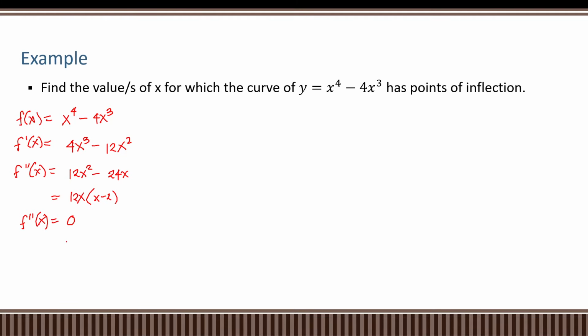The resulting equation is 12x times x minus 2 is equal to 0. So we equate each factor to 0: 12x is equal to 0 and x minus 2 is equal to 0. So x is equal to 0 and x is equal to 2. So these are the possible points of inflection.